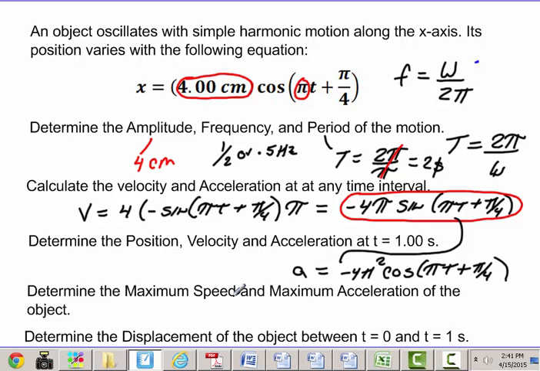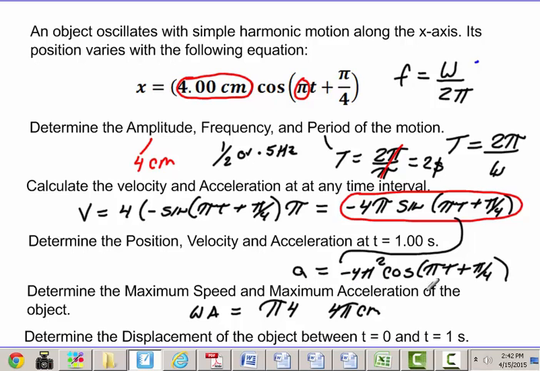Now, if I want to find maximum speed, the easiest way is to take omega and multiply it by the amplitude. And omega this time is going to be pi times my amplitude, which is 4. So it would be 4 pi, and my units here would be centimeters per second.